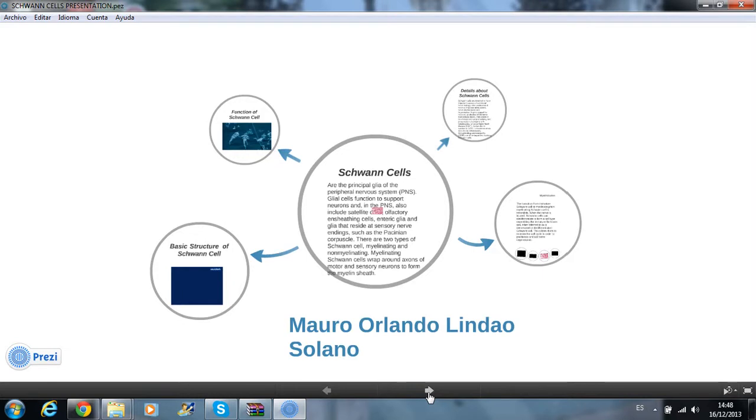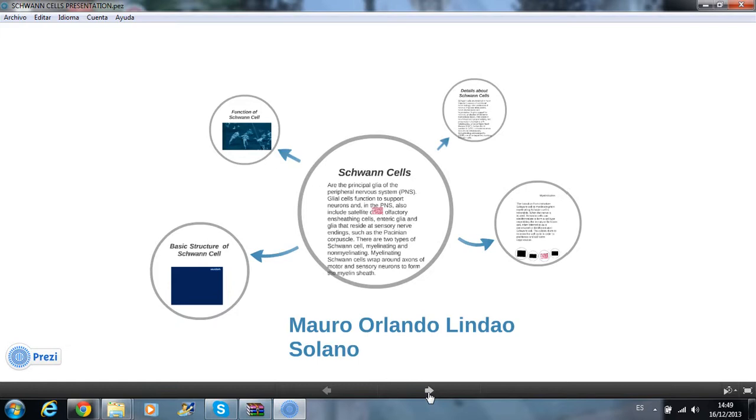The glial cell's function is to support the neurons of the peripheral nervous system. It also includes the olfactory system, the enteric glia, and the glia that resides at the sensory endings of peripheral nerves, such as transition corpuscles, that are very important in the sensibility, or in the sense of the things that are around us in our environment.